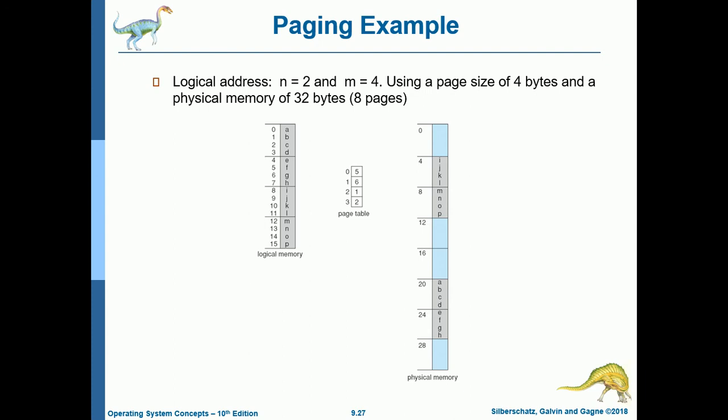Okay, next we have a paging example. Logical address n is equal to 2 and m is equal to 4. Use a page size of 4 bytes and a physical memory of 32 bytes, or 8 pages. Okay, so we have our page table.